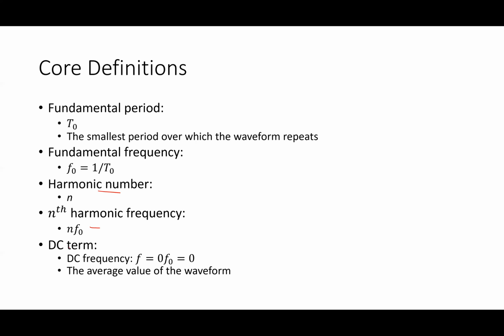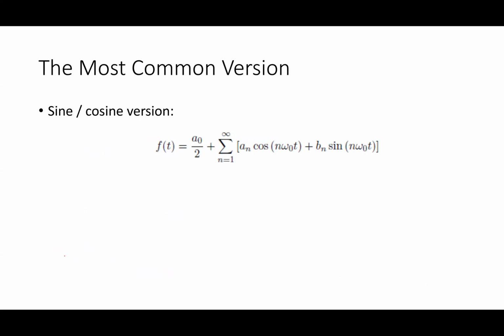The other term I used here is the DC term. So the DC term is this guy. What frequency does that guy have? 0. Why? Because he's got a 0 subscript. If I have a constant, how much does a constant vary? It doesn't vary at all.